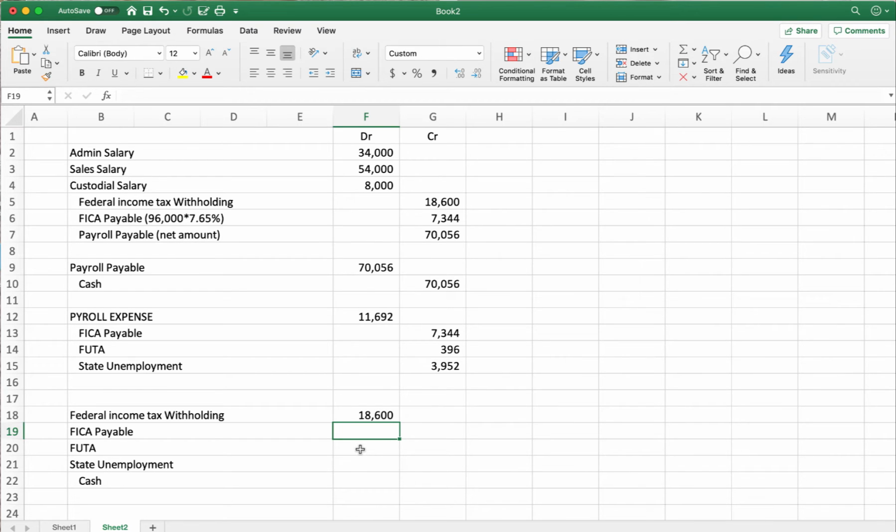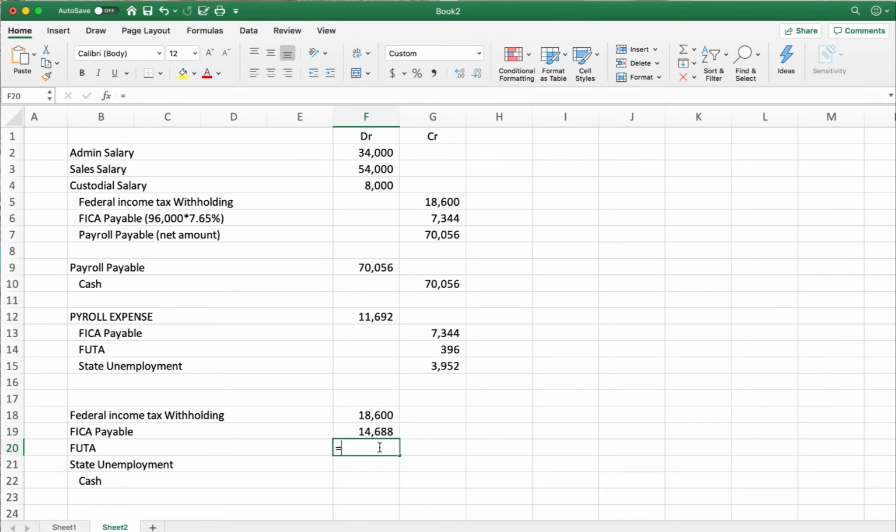FICA, how much do I have to send? Well, I withheld $7,344 from my employees, plus I got to pay $7,344 of FICA on their behalf. So I have to add both of those portions. I get $14,688.